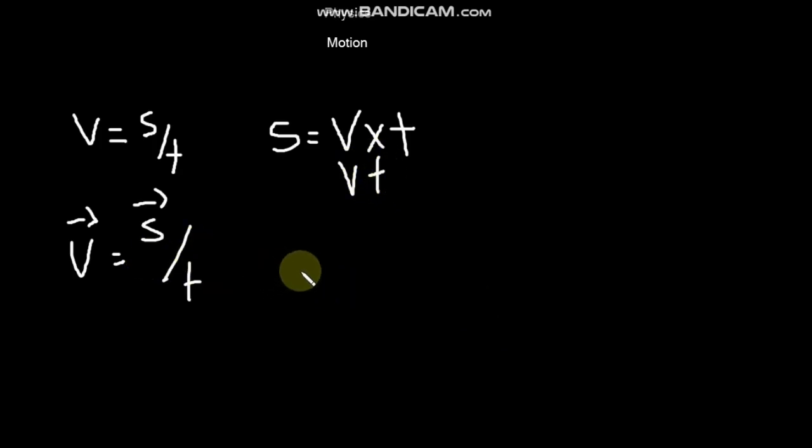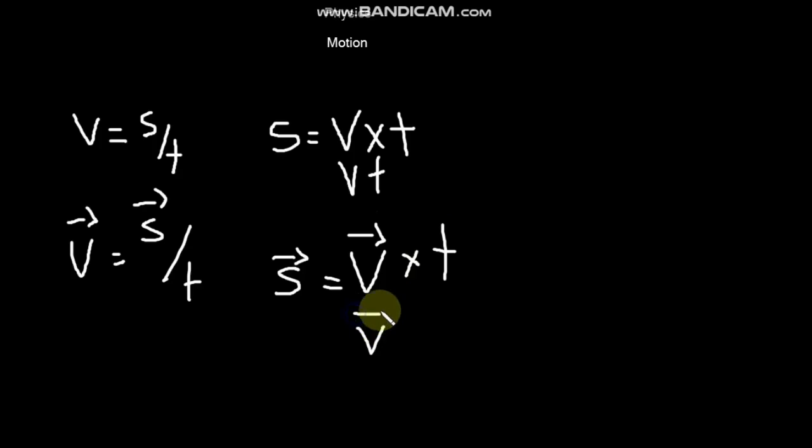And the formula for displacement is velocity times time. Make sure you put the arrows on if you have a vector quantity, because that's the only way to distinguish vector and scalar quantities.